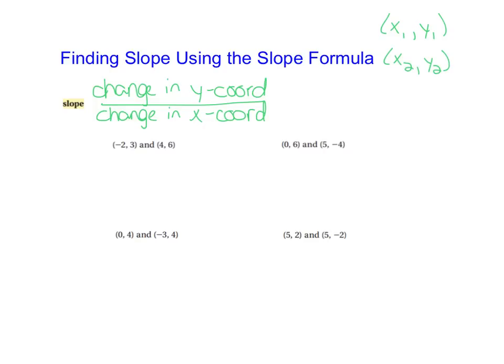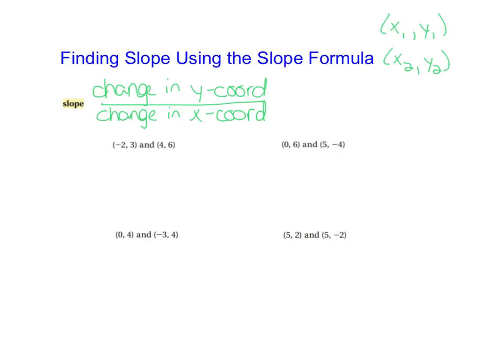Now, why do I use subscripts? Well, the reason I use subscripts is I still want to use x and y, okay? Because I have an x coordinate, I have a y coordinate. But I want to be able to tell them apart. The subscript of 1 tells me these coordinates go together. The subscript of 2 tells me these go together. Now, what is the math operation for change? The mathematical operation for change is subtraction.